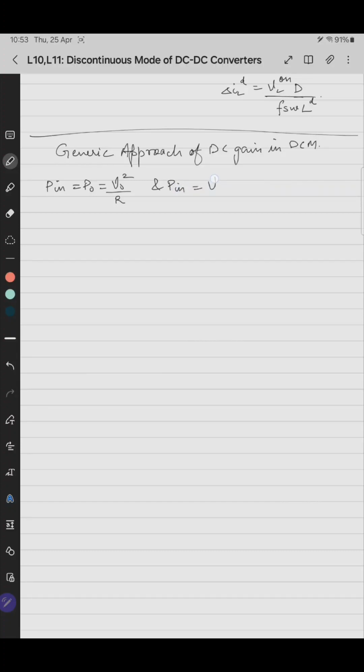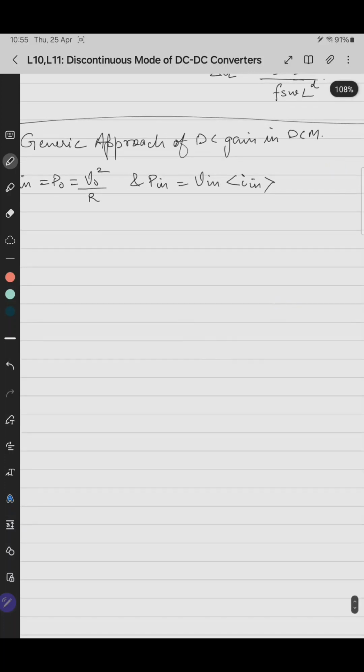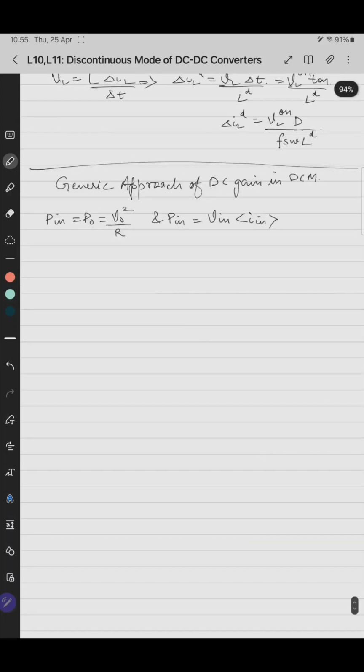P in is V in into I in, so it is V in into the average value of I in. V in is constant, and I in is a waveform, so we have to find the average value. We are equating the average power. So in all the converters, we have to replace this as a function of the average inductor current.